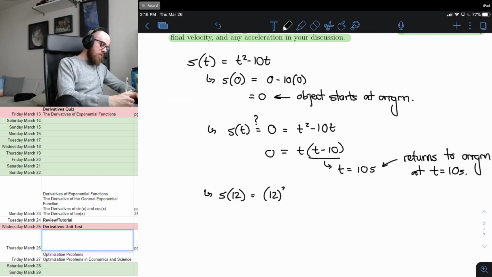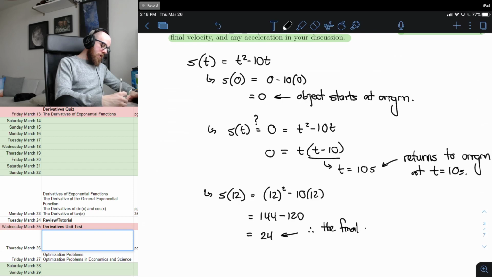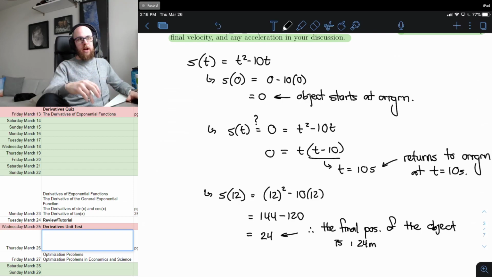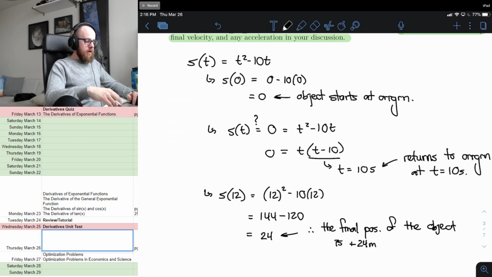So 12 squared minus 10 times 12. That's 144 minus 120, so that's 24. Therefore, the final position of the particle is 24 meters, in the positive direction.